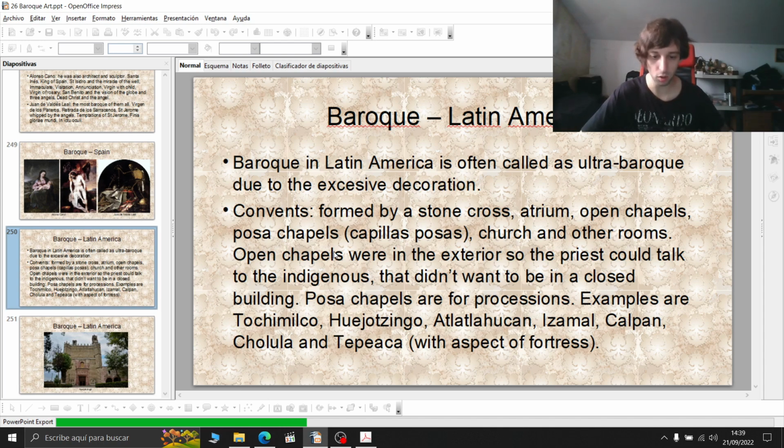Examples are Tochimilco, Huejotzingo, Atlatlaucan, Izamal, Calpan, Cholula, and Tepeaca, with aspect of fortress.